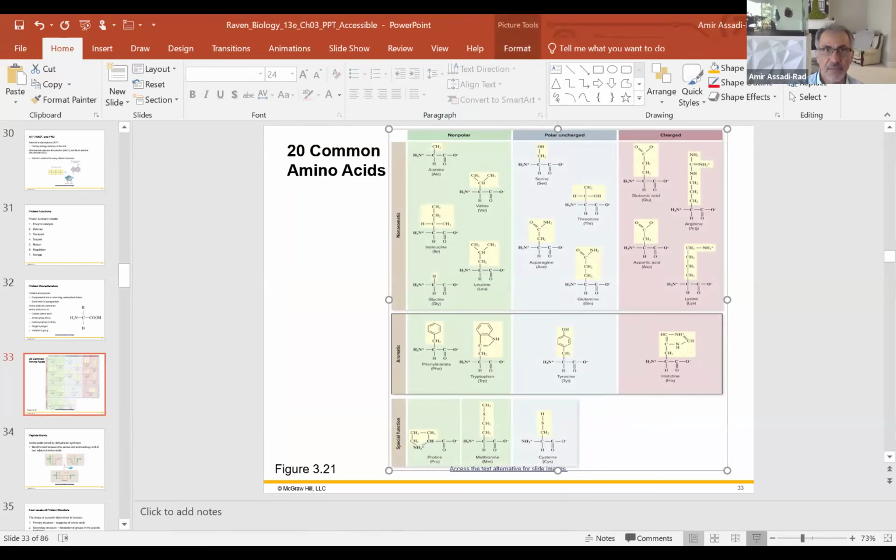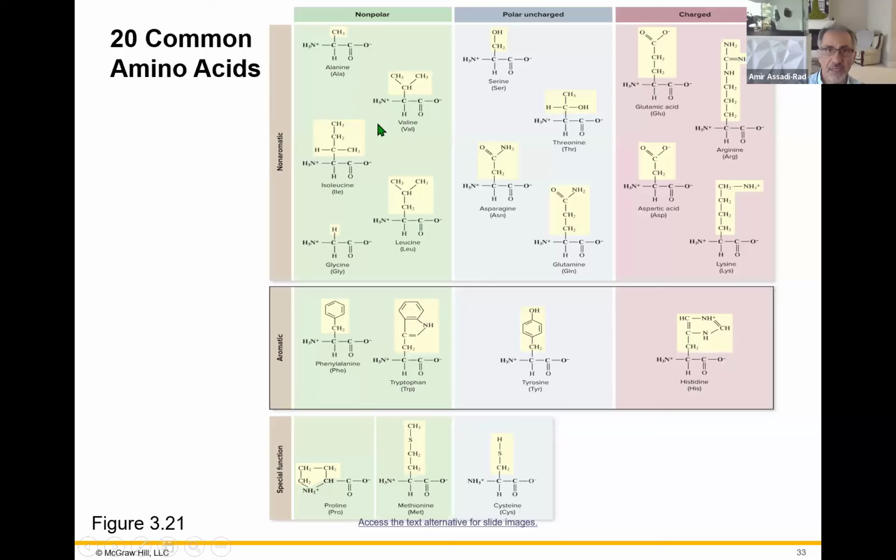Okay, let's go over the names. Alanine, I can see it a little bit better. Valine, isoleucine, leucine, glycine. In a multiple choice format, I say which of the following is an amino acid? Which of the following is not an amino acid? Serine, threonine, and it is one of the amino acids.